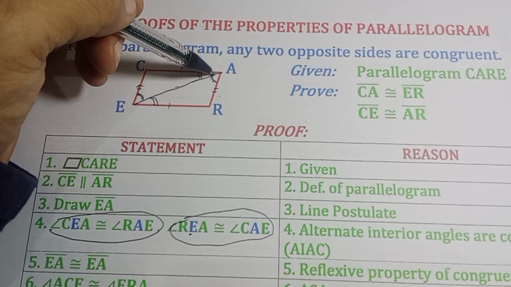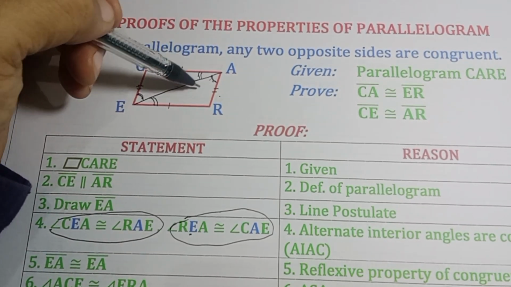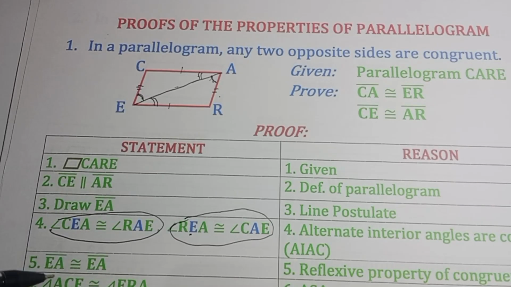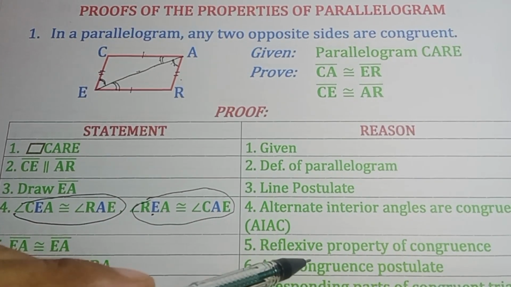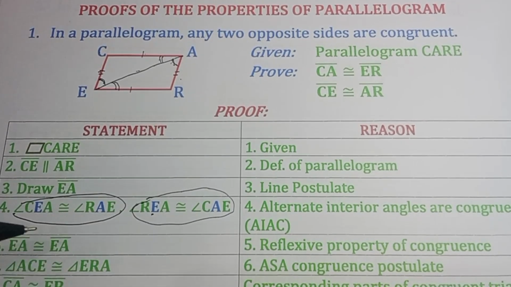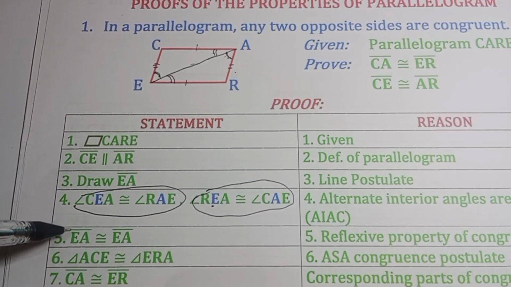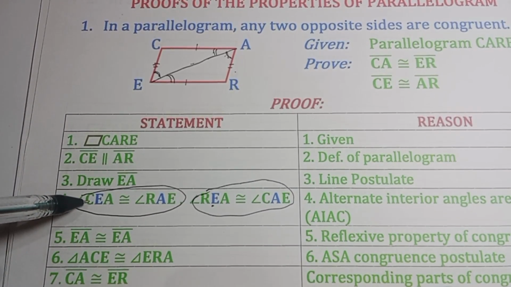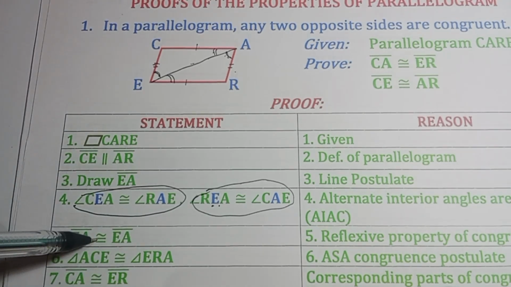This side is the side of this triangle, and this is also the side of this triangle. Our reason for this is reflexive property of congruence. Now we already have three congruent corresponding parts, these alternate interior angles and this side.